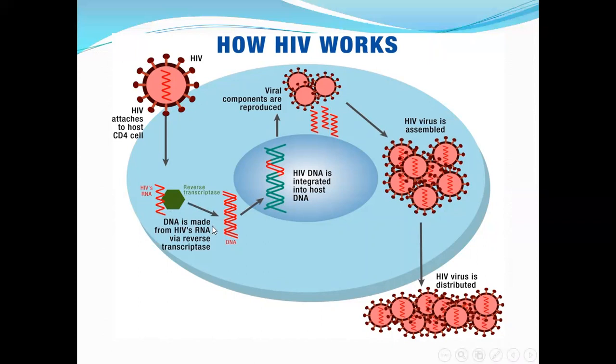This new DNA will enter the nucleus and integrate with the DNA of the host cell. The red color is the new DNA, which is synthesized by the virus, and the green is the host DNA. After this integration, it will produce new viral particles, and these new viral particles will then be released into the circulation and infect another T lymphocyte.